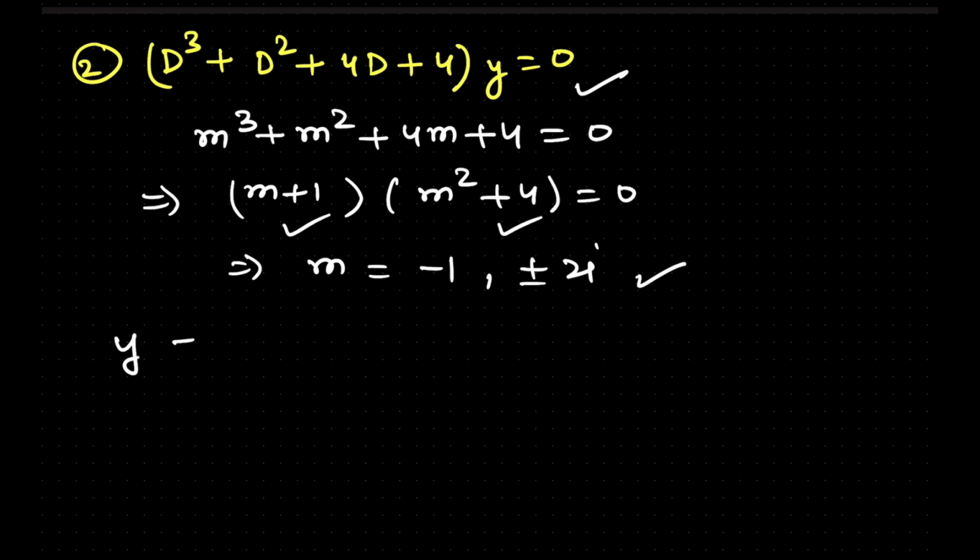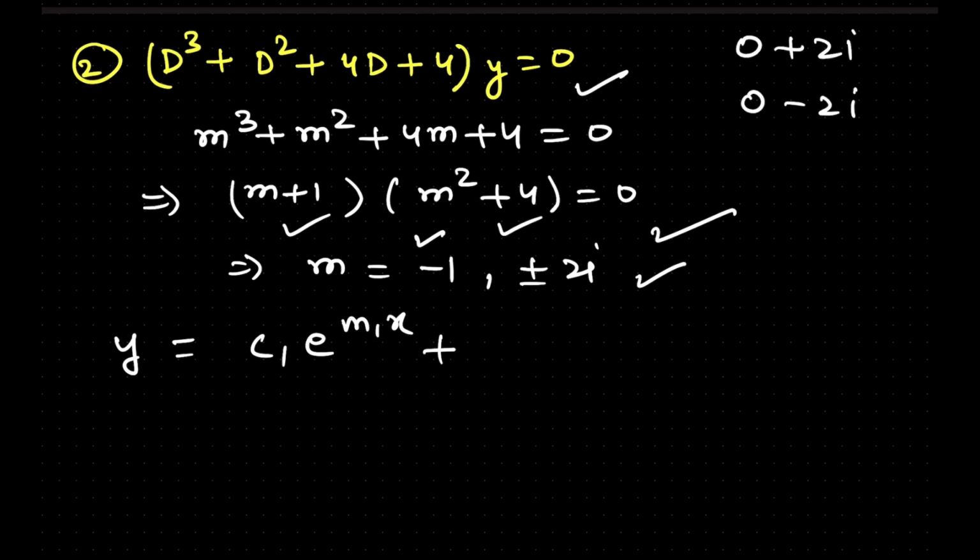So our solution will be y is equal to, for this distinct root we know c1 e to the power of m1x, and here you can see we have the imaginary roots. So one of the roots is 0 plus 2i, another is 0 minus 2i, where 0 is the real part and 2 is the imaginary part.